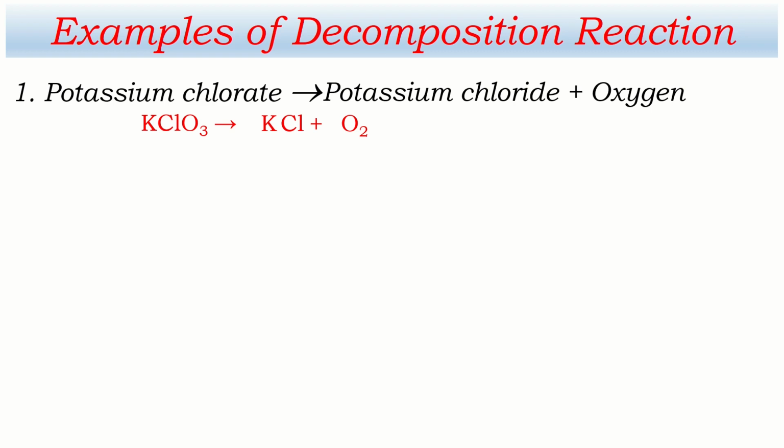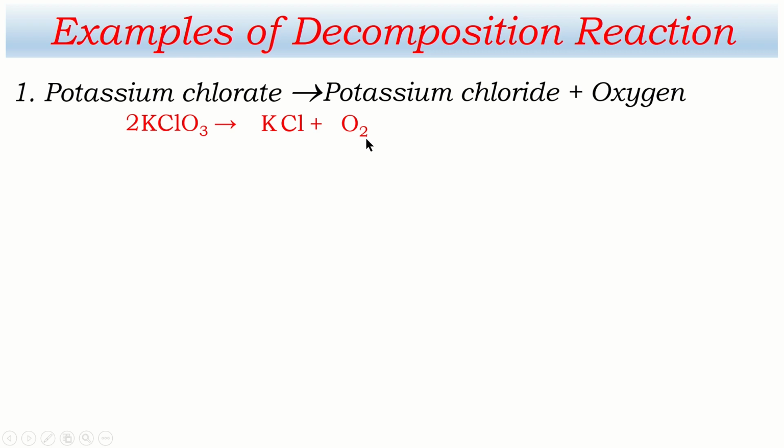I suggest the student start balancing an equation from the right hand corner. Here we have 2 oxygen atoms, and here we have 3 oxygen atoms. Here it is an odd number, here it is an even number. First we have to convert odd into even. It can be done by taking 2 in front of this potassium chlorate. If we take 2, then oxygen becomes 3 times 2, just 6.